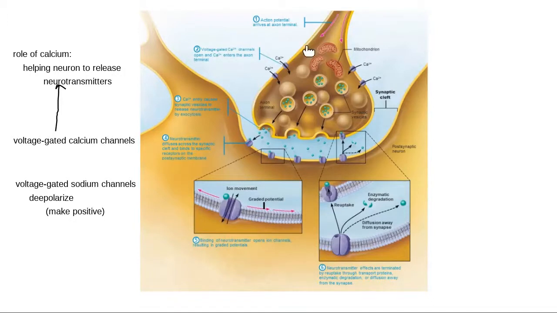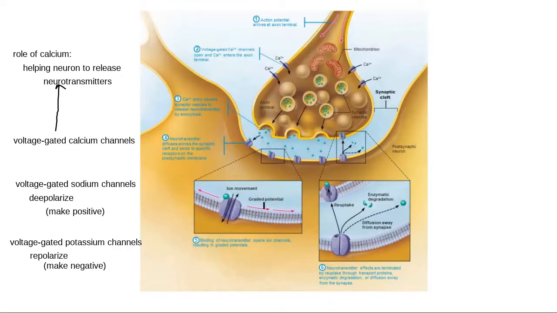The other kind of channel I find down here at the axon terminal is the kind that's going to help me get back to normal. The channels that help me get back to normal after I've completely depolarized are those voltage-gated potassium channels. I spit out potassium to get me back to normal. These are the ones that repolarize the membrane, or make it negative.